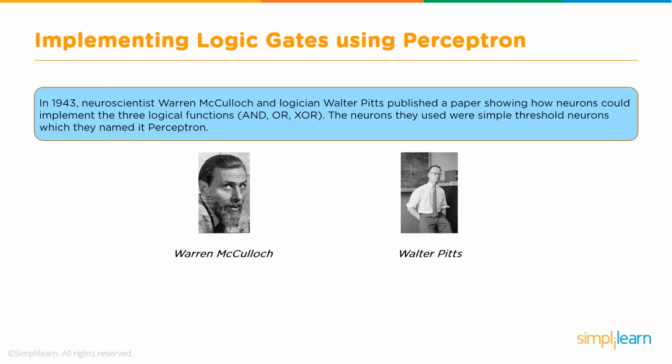Now in 1943, two scientists, Warren McCulloch and Walter Pitts, came up with an experiment where they were able to implement logical functions like AND, OR and NOR using neurons, and that was a significant breakthrough.